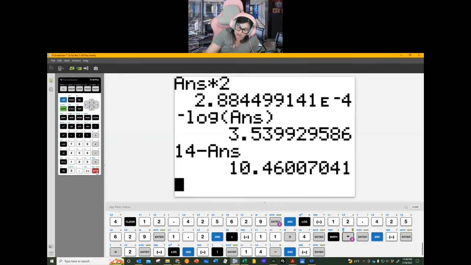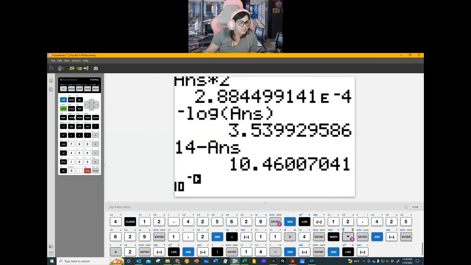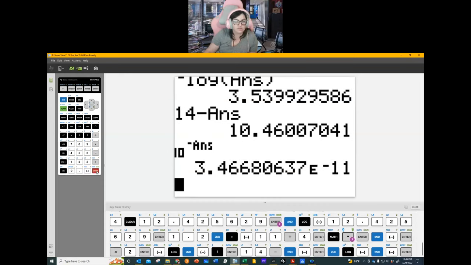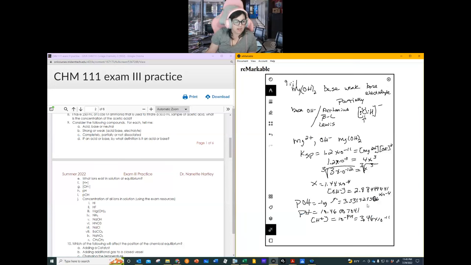And then my H plus is equal to 10 to the negative pH. And that gives me 3.46 times 10 to the negative 11. And notice that I did round that one because I'm not doing any calculations with any of the other numbers.